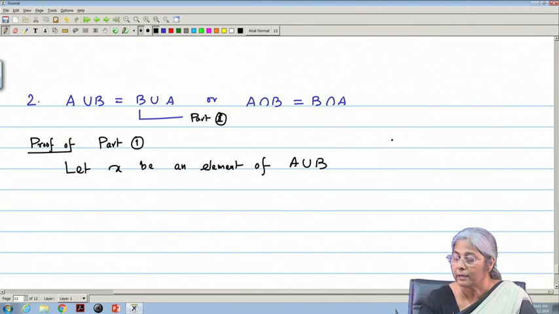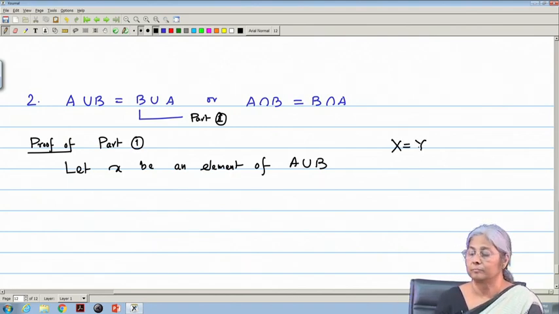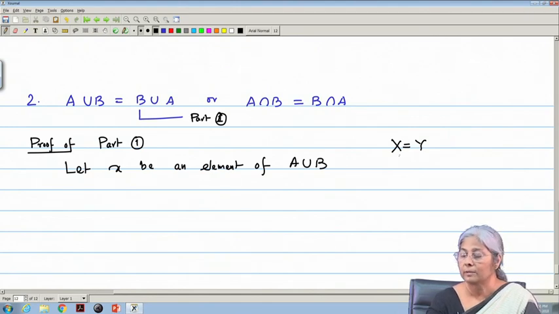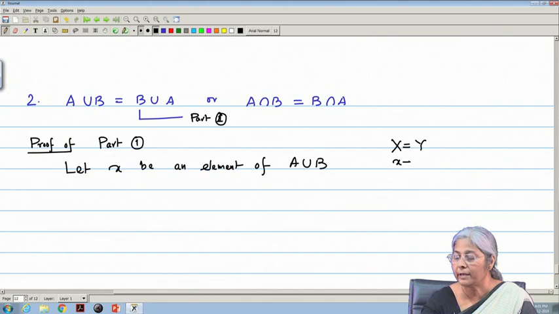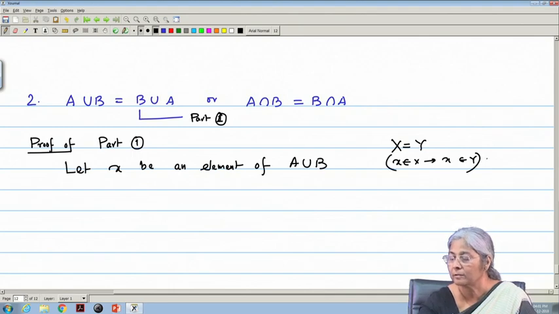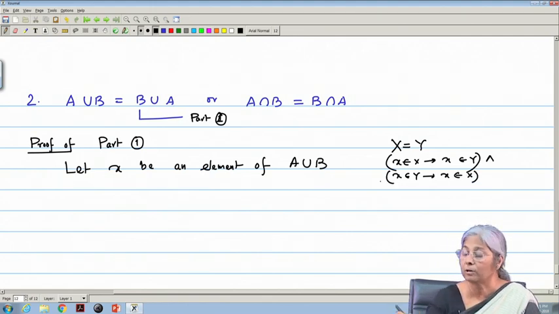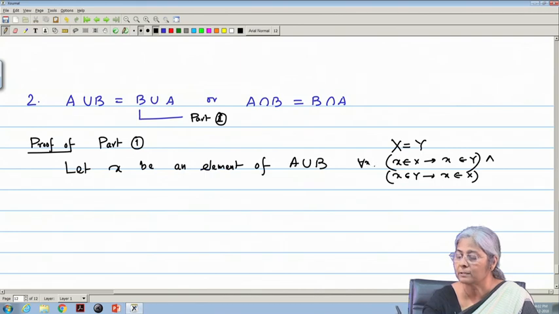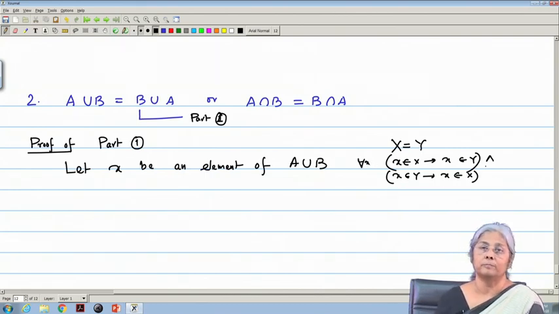If we have to show that X equals Y, then we have to show that X belongs to X implies X belongs to Y, and X belongs to Y implies X belongs to X, for all X.